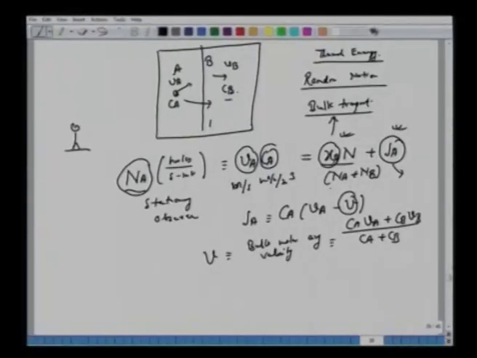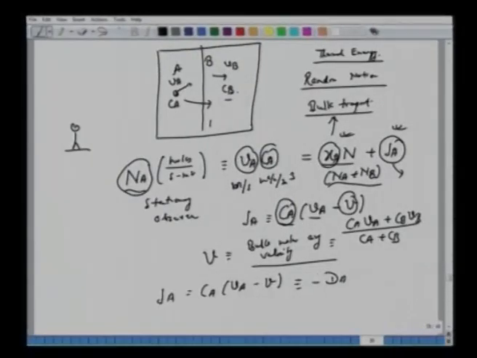In other words, it's possible that NA plus NB is 0, so XA N is equal to 0, but still, because of concentration difference, by Fick's law, one can measure this in JA, which is CA, the concentration of species A, with velocity VA over and above this bulk average velocity. So we can rewrite JA as CA times VA minus V, which we have defined here, and this is equal to minus DAB del CA over del Z.